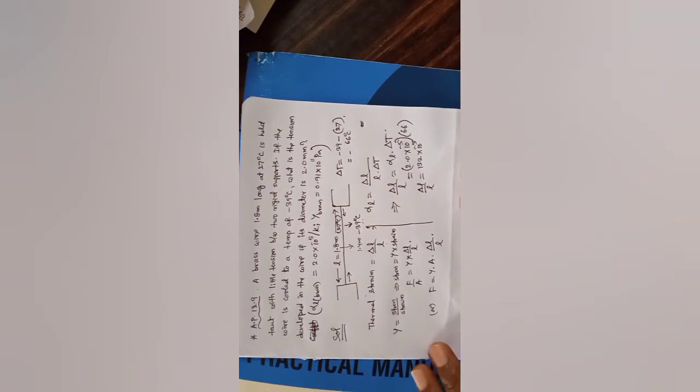Next we want the A value. A is pi d square by 4, cross-sectional area. 3.14 into D value 2 mm, 2 into 10 power minus 3, square by 4.